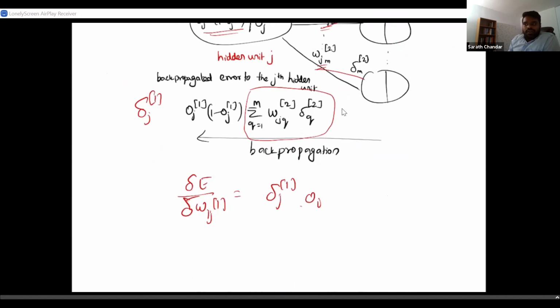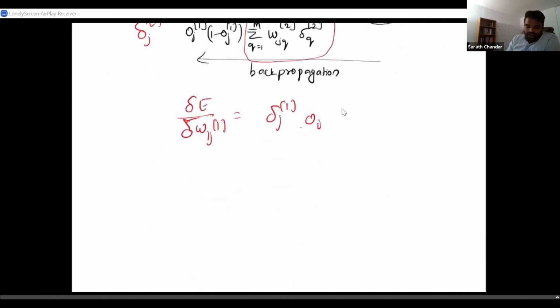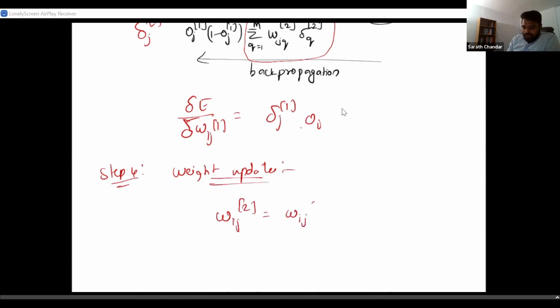So once you compute these things, the final step is to do weight updates, where the idea is, maybe I'll just write it as the normal equation. So Wij of 2 is given by Wij of 2 minus gamma times OI1 del J2.